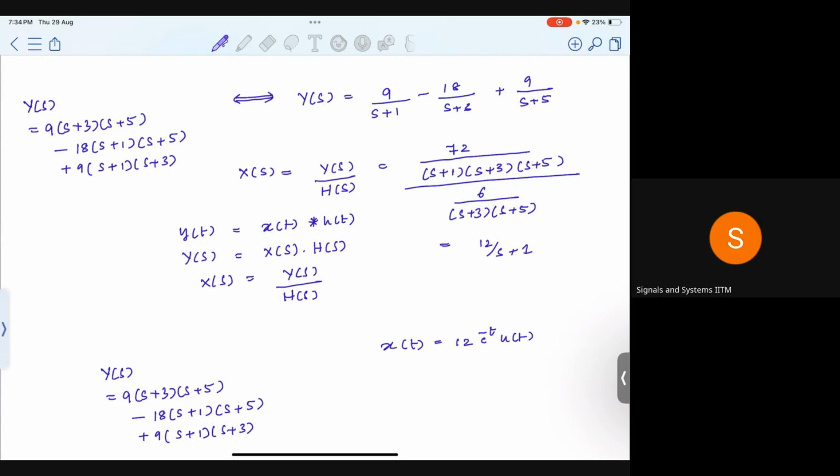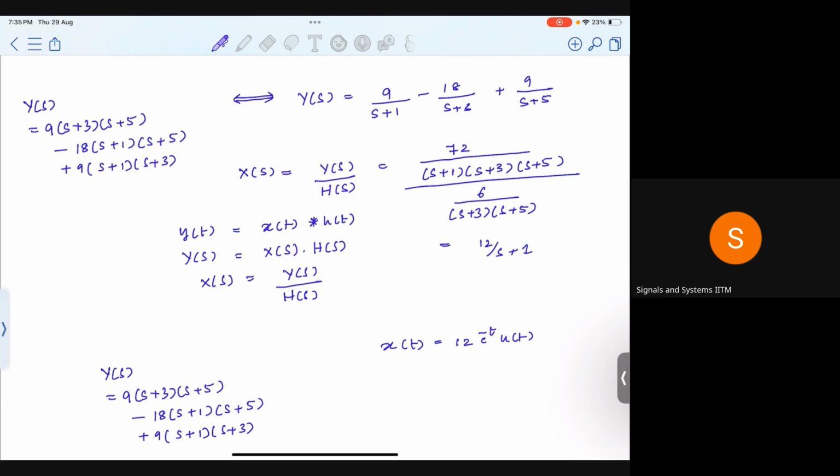Ma'am, how could you write 12 by s plus 1? Like, you write 6 divided by s plus 3 and s plus 5. So how are these things cancelling, 12 by s plus 1?